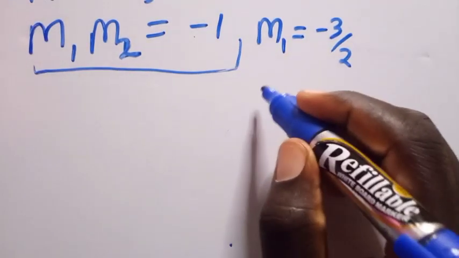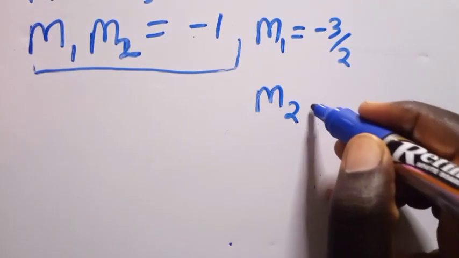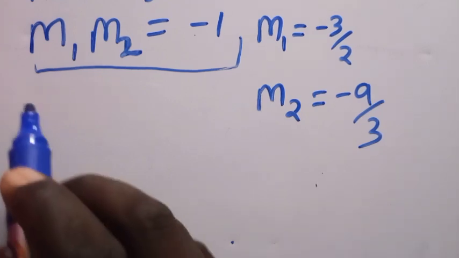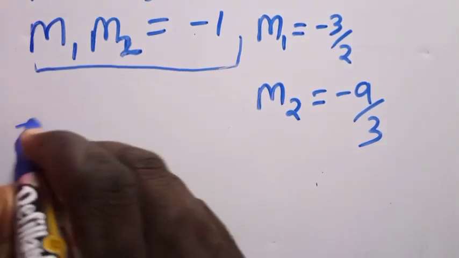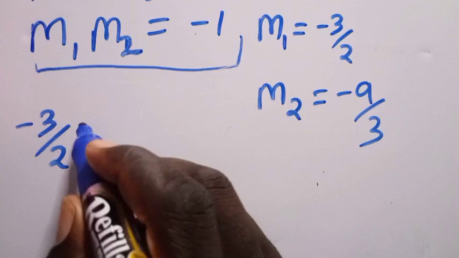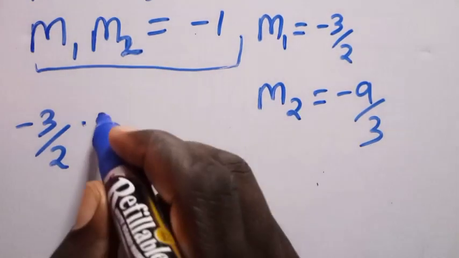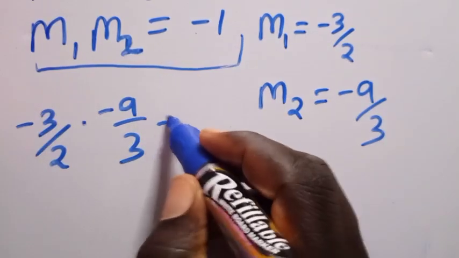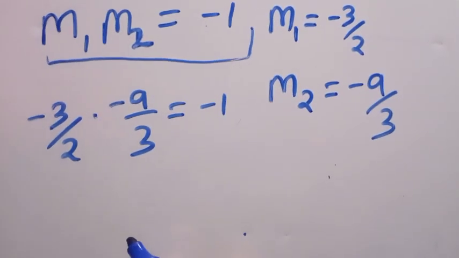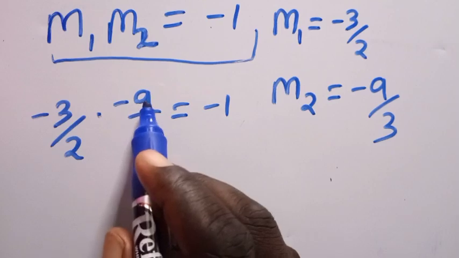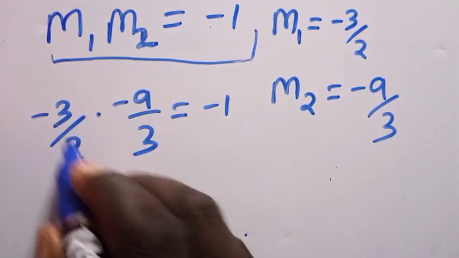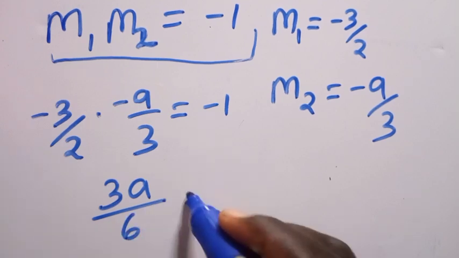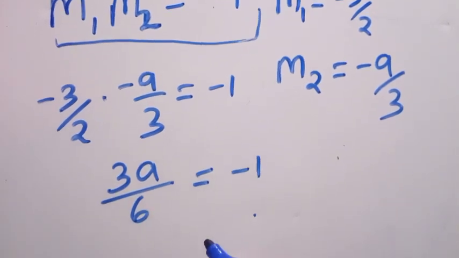Now, since we have the gradient of the second line as -a/3, we have m1 as -3/2 times m2, which is -a/3, equals -1. Negative 3/2 times negative a/3 is positive 3a/6 equals -1.